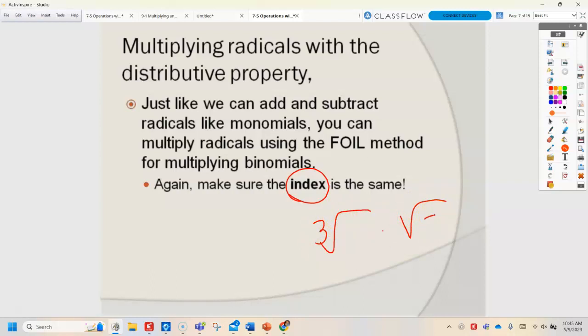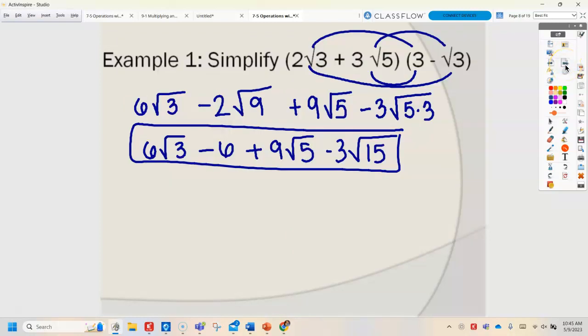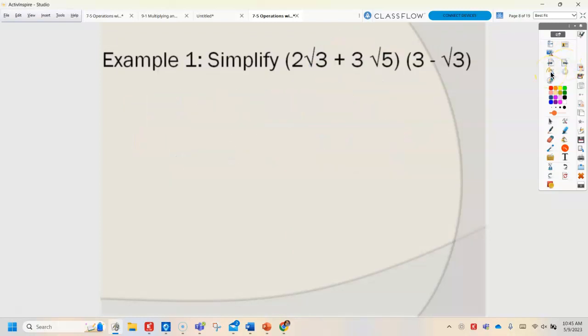Cube roots and square roots cannot be multiplied together. So the square root times itself always goes away. That's what you have to remember when multiplying.